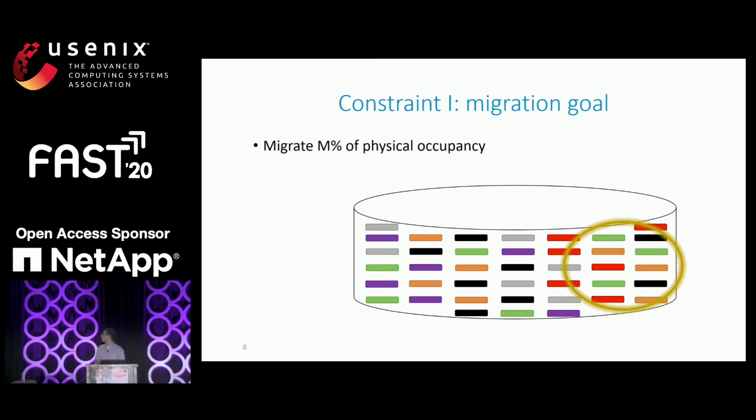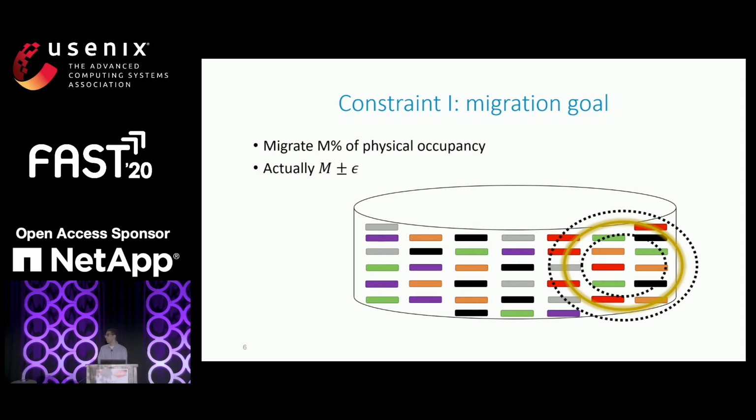Okay, we've talked about what we want to minimize, and now let's talk about the constraints of the problem. First, I can promise you that we're not going to talk about any equations. The first constraint is to migrate N percent of the physical occupancy from the original volume into the empty destination volume.